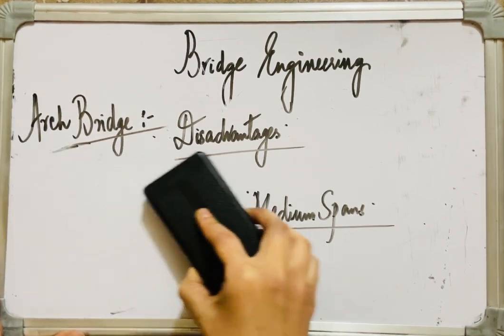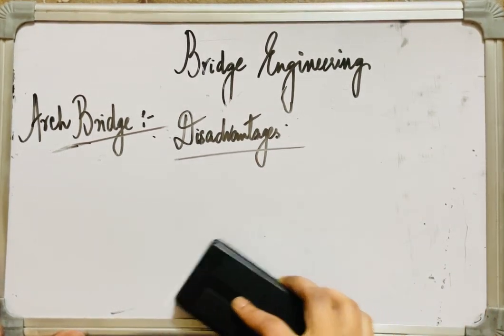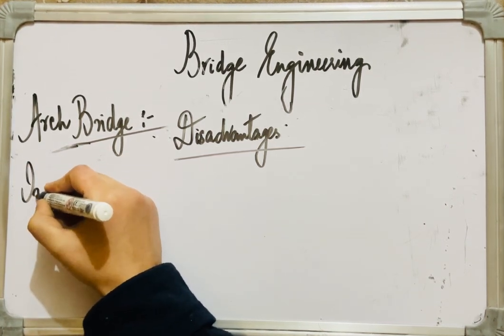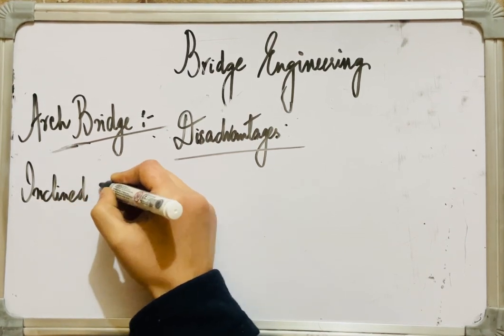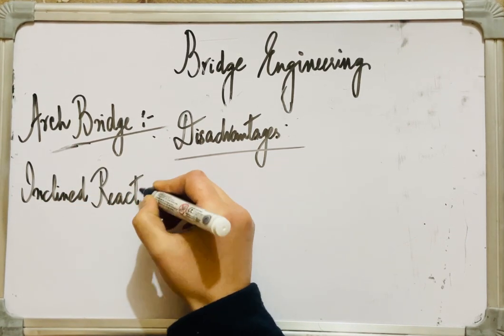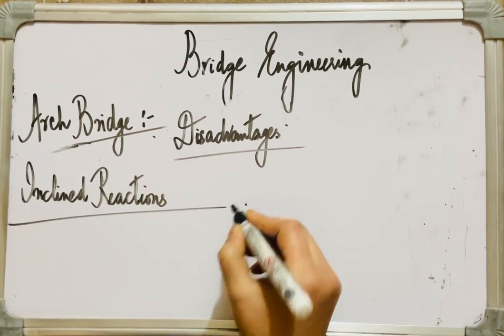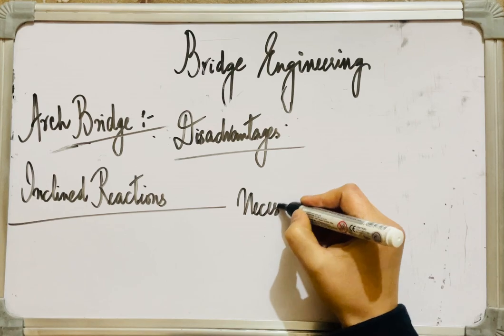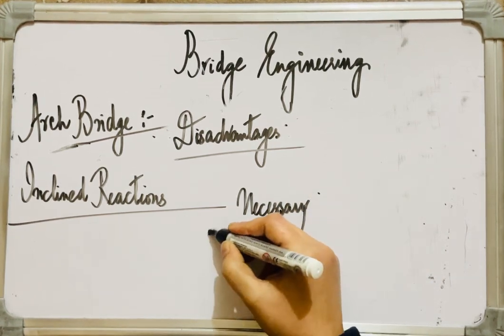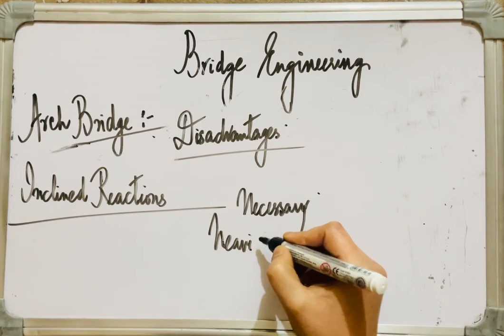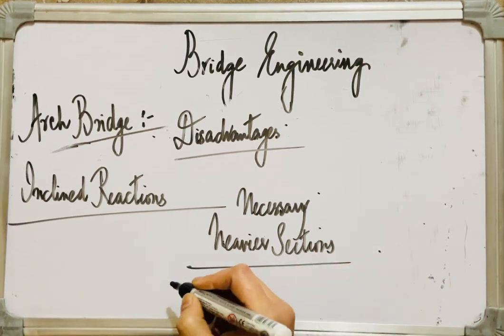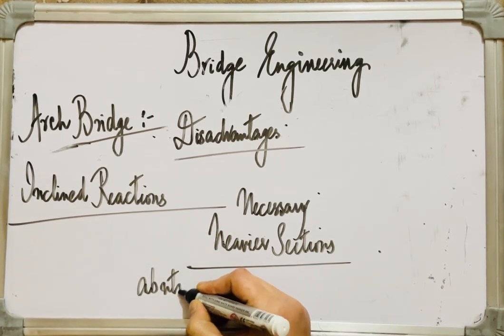Next one is the inclined reactions. The reactions in case of the arch bridges are inclined, thus it becomes very necessary that we provide heavier sections for the abutments and piers in case of arch bridges.